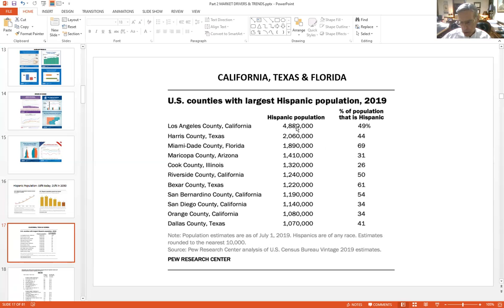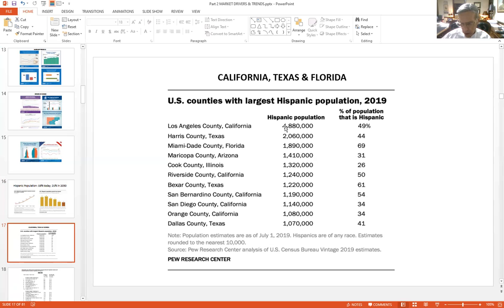In Los Angeles, about 5 million people, about half the population of Los Angeles. If we come down to Riverside County, we've got another 1.25 million and 50%. If we come down to San Bernardino, all these are in Southern California, by the way, 1.2 million, over 50%. And Orange County, which is another county in Southern California, a third.